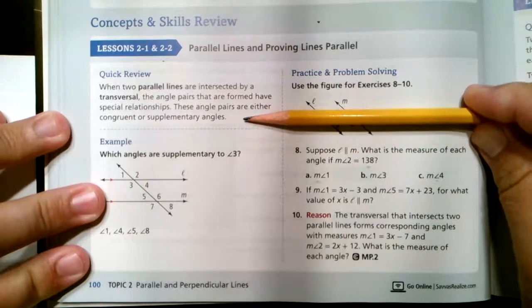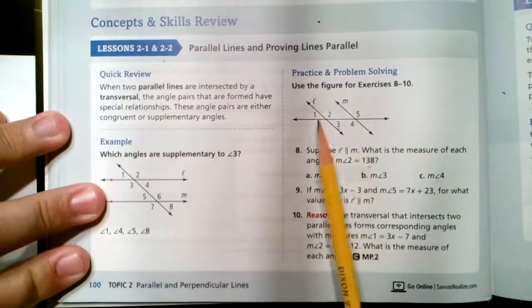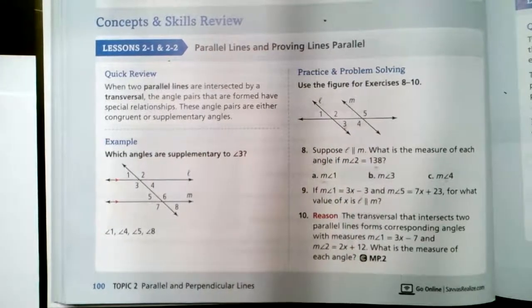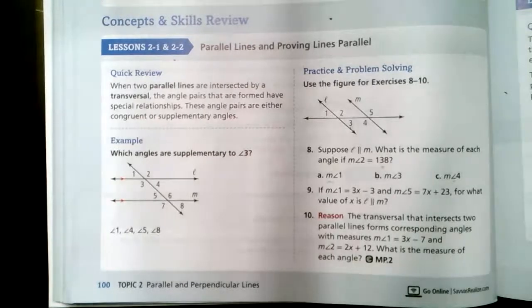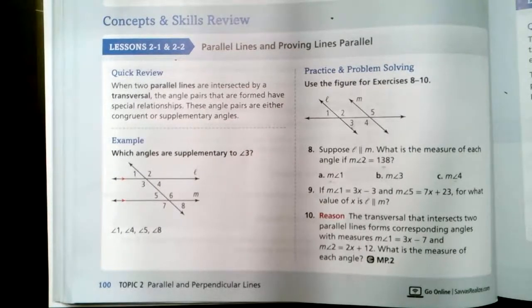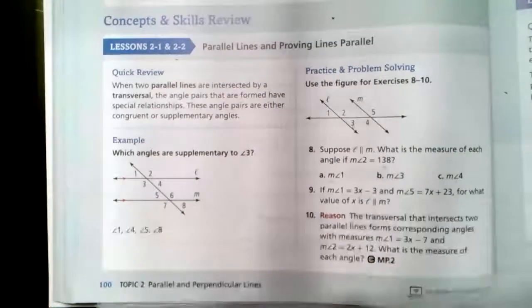So they're both on the same side of the transversal. They're both kind of on the top of the transversal. And they're both on the exterior parts of those parallel lines. So same side exteriors, those add up to 180 degrees. Those angles are supplementary.